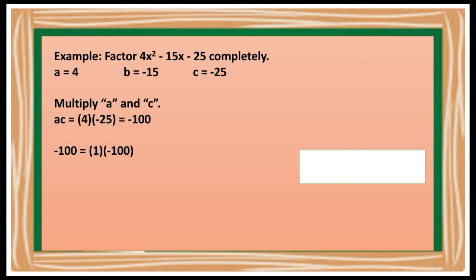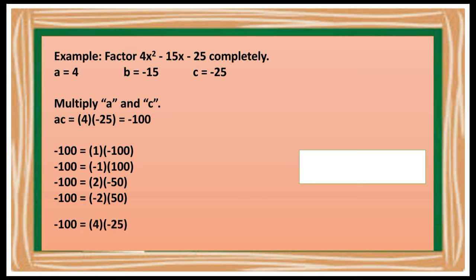To list the factors, we have 1 times negative 100, or negative 1 and 100. You also have 2 and negative 50, or negative 2 and 50, or we have 4 and negative 25, or negative 4 and 25.